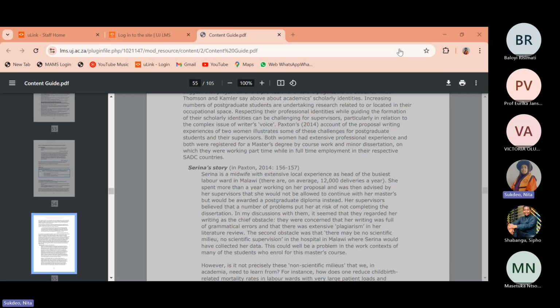Okay, like we said, we have a lot of standard templates at UJ. And like I said, I speak from a UJ perspective. If you're not part of UJ, you can give me your university perspective. We have specific templates. One is like what you guys are saying, we have a standard template for the proposal. We take them through that proposal of intent because it's what you intend to do.